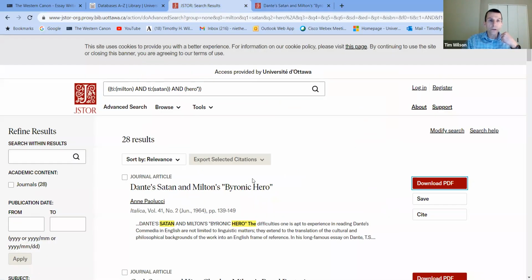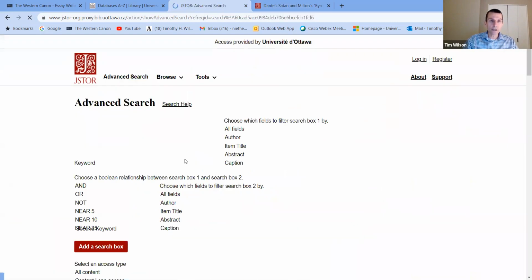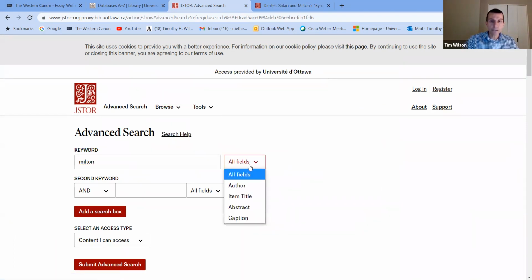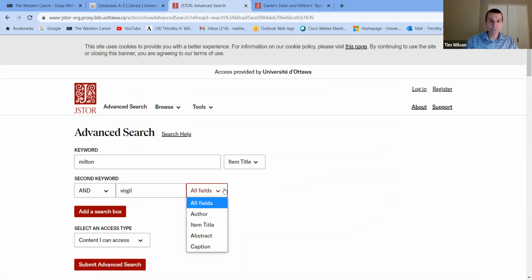Okay, and then we can imagine another search where maybe our key terms are, maybe you're interested in the relationship with Satan in particular, but Virgil, so the invocation issue.